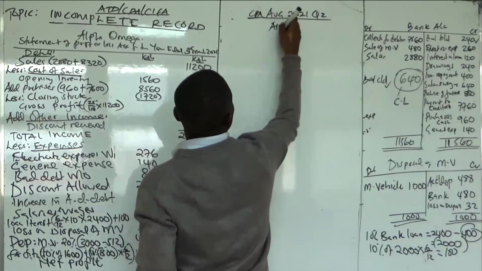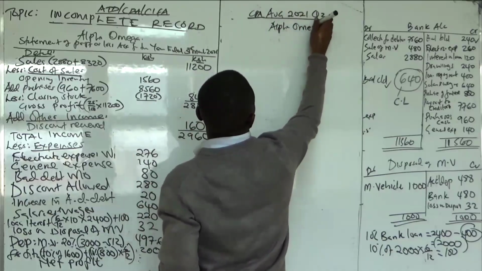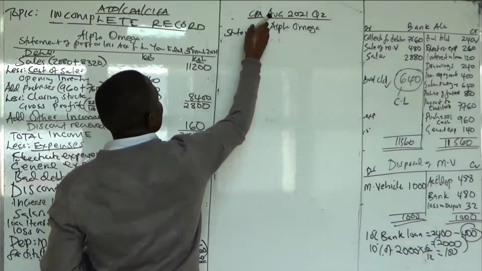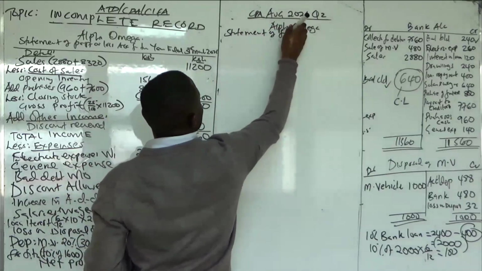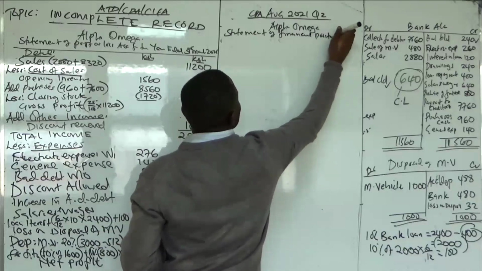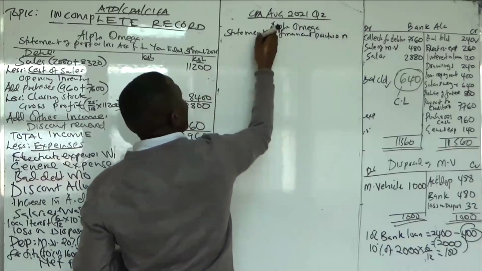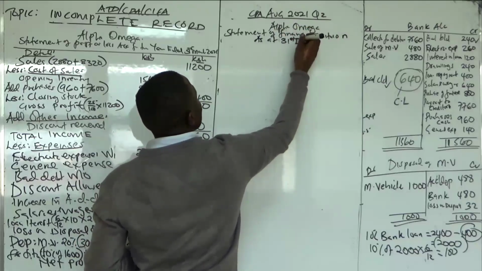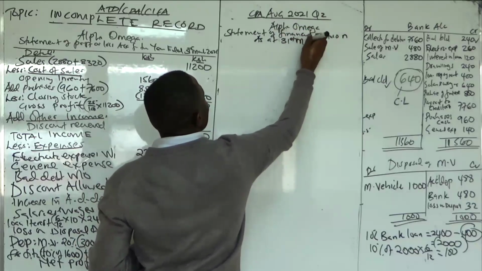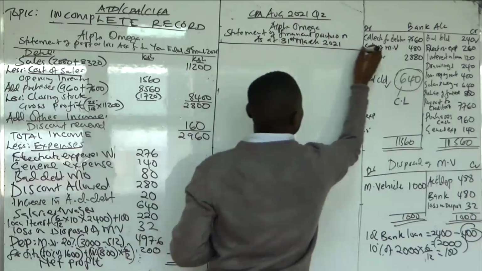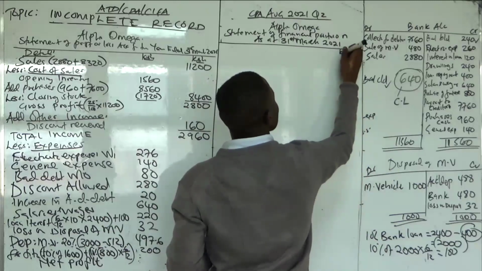Alpha, Omega, statement of financial position as at 31st December or 31st March. We have 3 zeros.